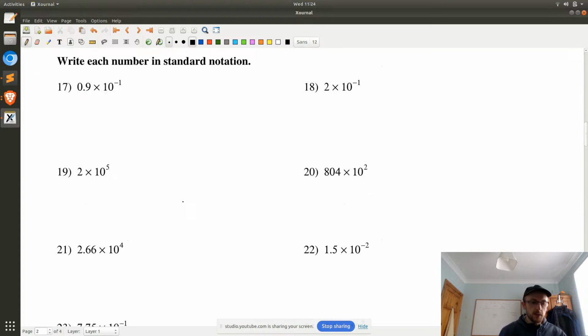Next up, write each number in standard notation. Not scientific notation, but standard notation, like as an ordinary number. So this we are dividing by 10, so it becomes 0.09. We introduce an extra 0 in the zeros that we can see.